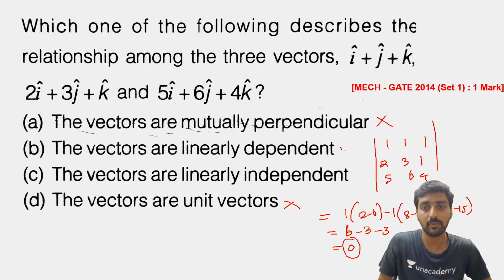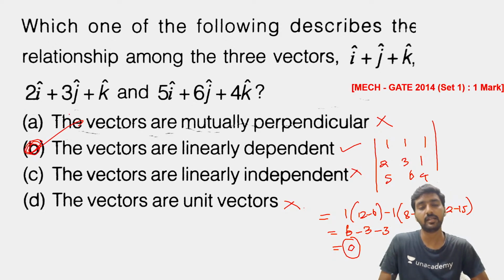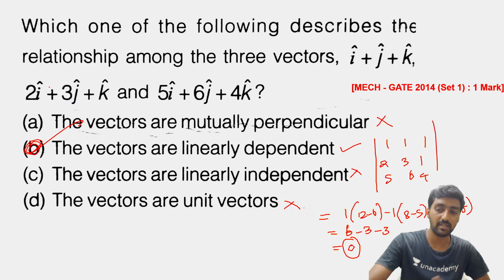Therefore it is linearly dependent. When the determinant is equal to 0, it indicates that the vectors are linearly dependent.